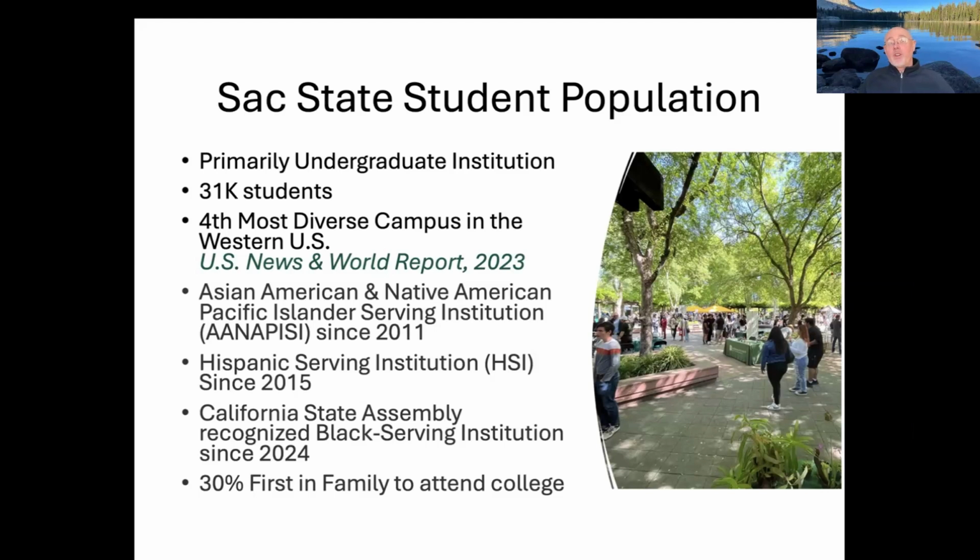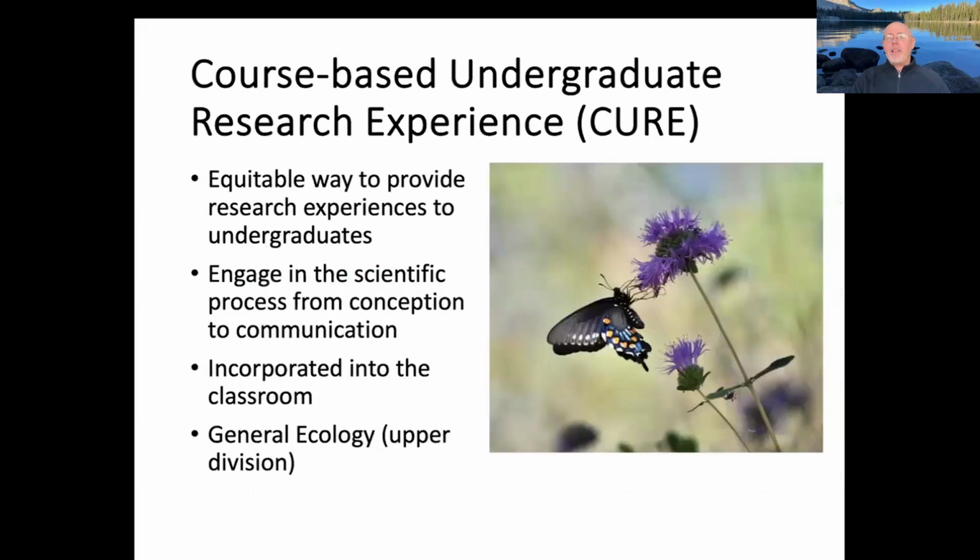We've been a minority serving institution for a number of groups, as you can see, for many years now. And a third of our students are the first in the family to attend college. And in general, our students tend to be a little bit older. A lot of them work full time, a lot of them have families and so forth. So that's kind of the makeup of our population.